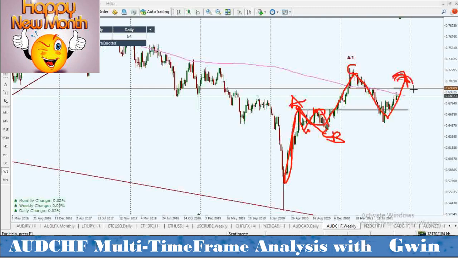And we could also have a C maybe to the downside to correct, creating the A, B, or the wave 1, also the wave 2, somewhere down there. So it's a possibility that I will also be looking at in the near future to take advantage of.